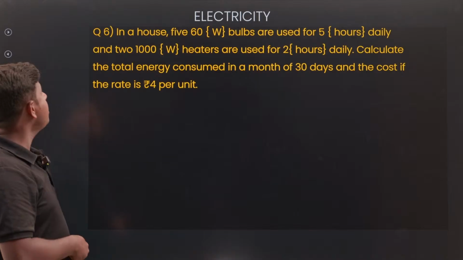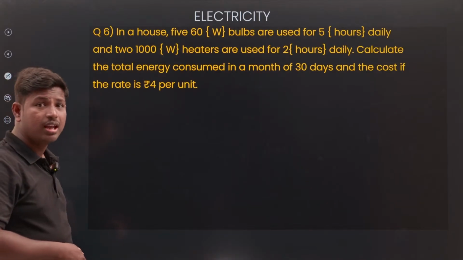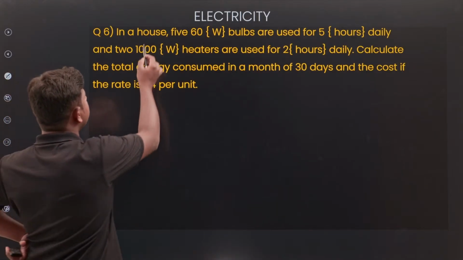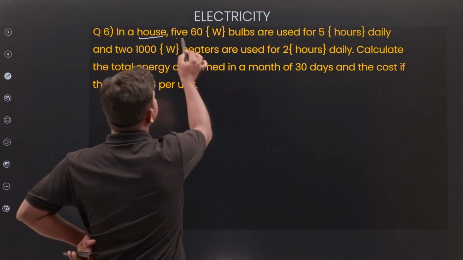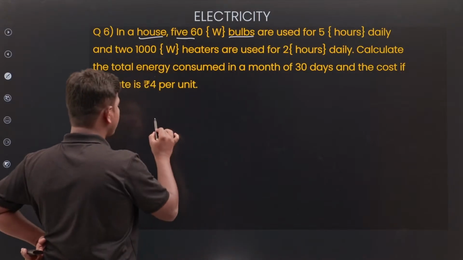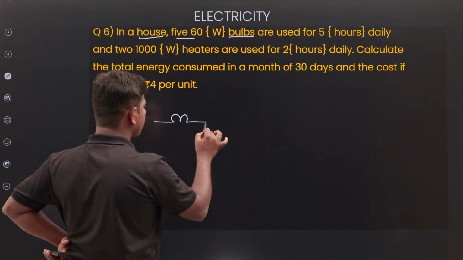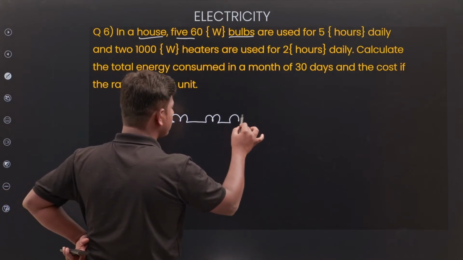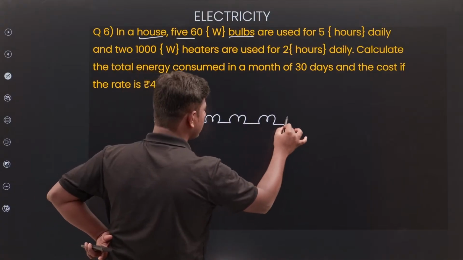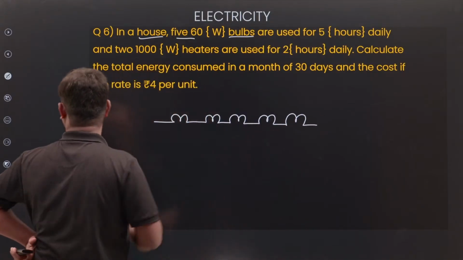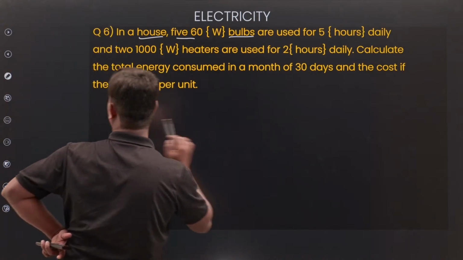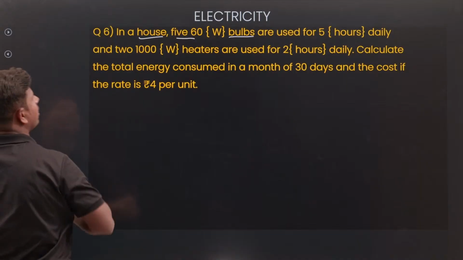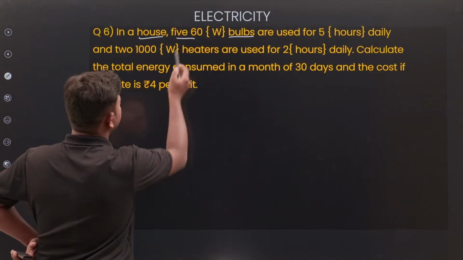Next question. See, there is a house. In the house, five bulbs are there. I'm taking one bulb, two bulbs, three bulbs, four bulbs, five bulbs.